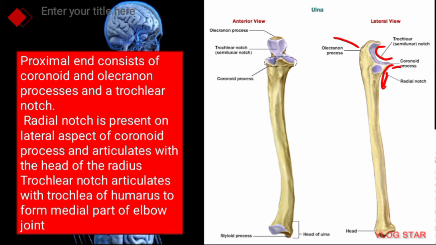Trochlear notch articulates with the trochlea of the humerus to form the medial part of the elbow joint.